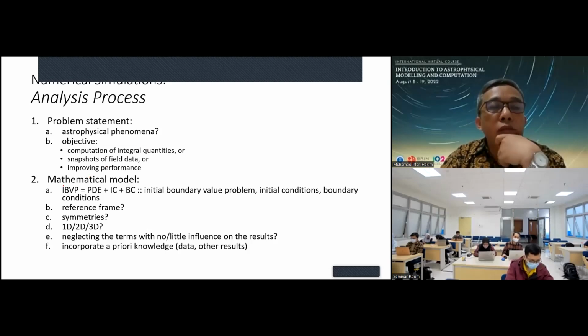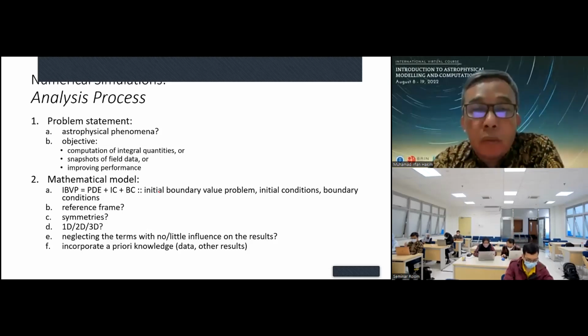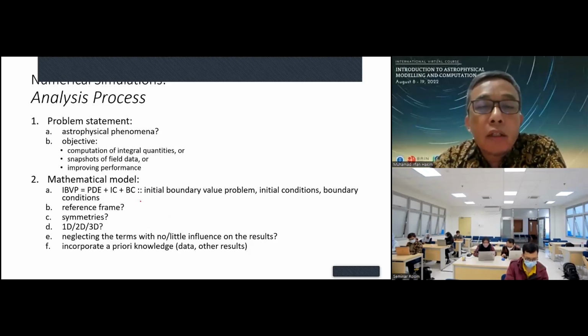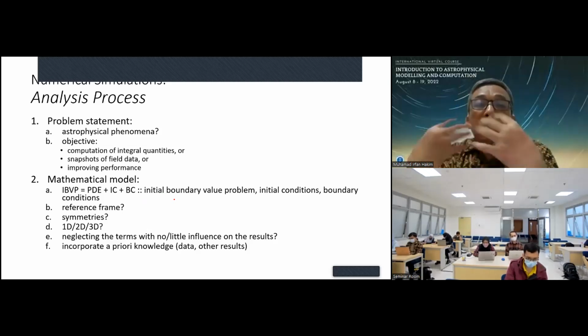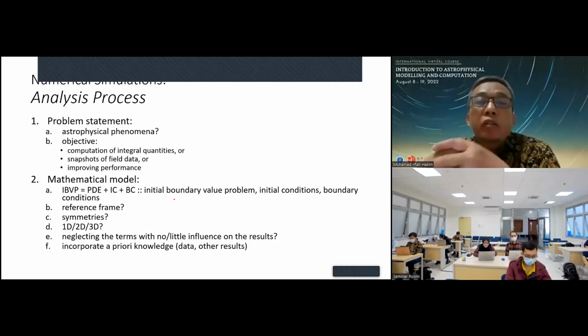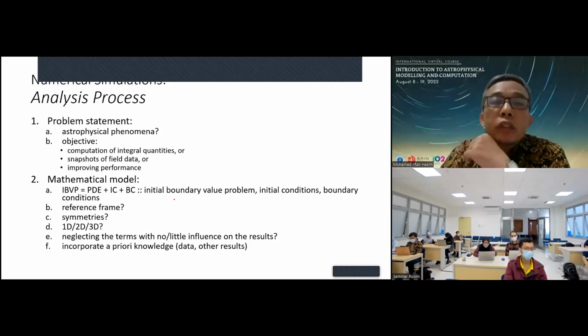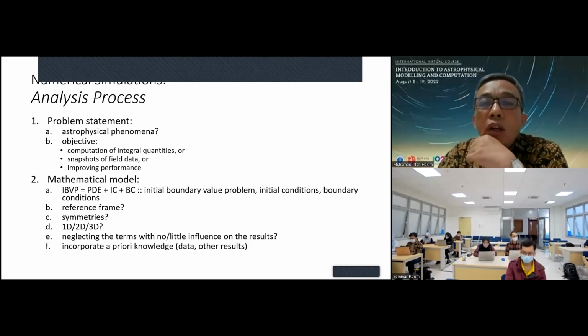But the second is also important. What is the mathematical model? What is the initial boundary value problems? We have the boundary value problems, but we also have to think that the boundary value problem may change by time. And also initial conditions.